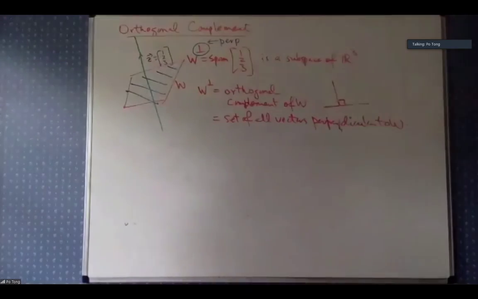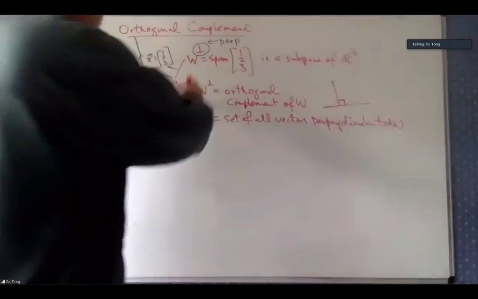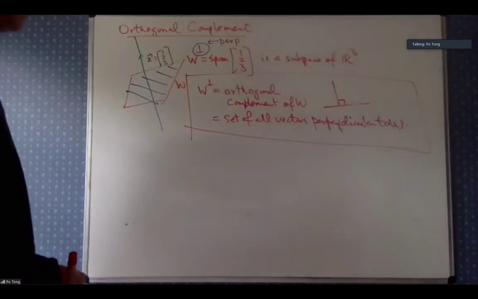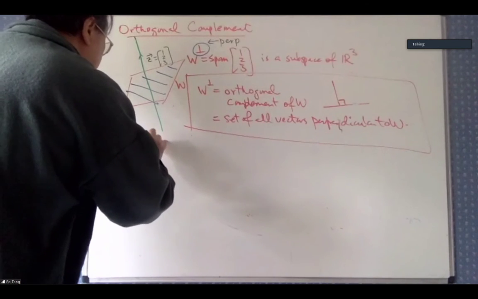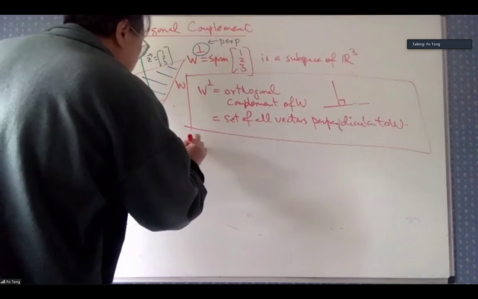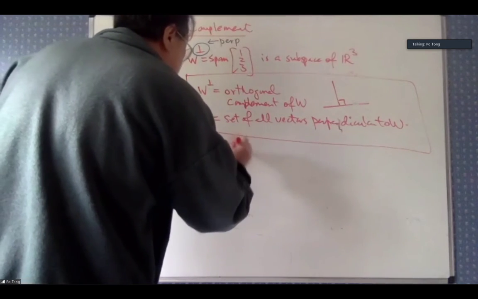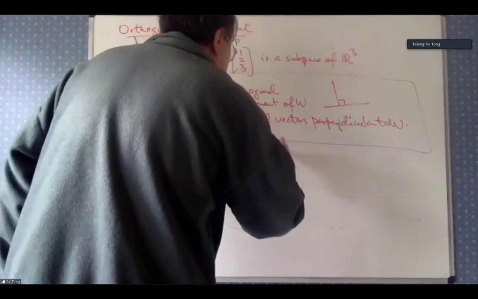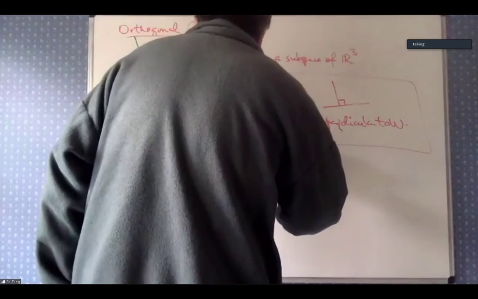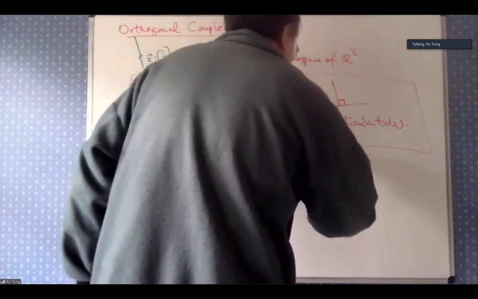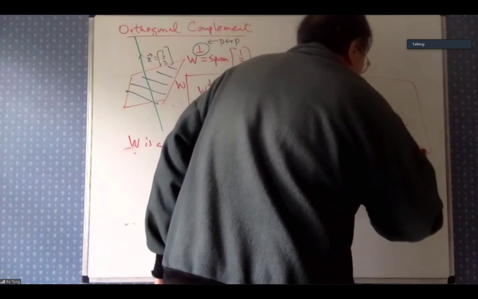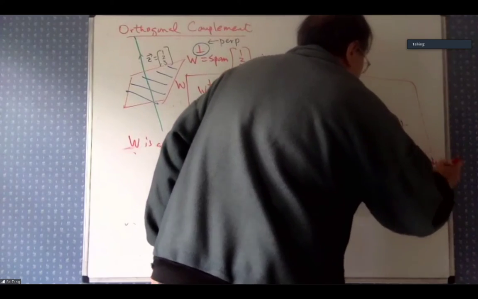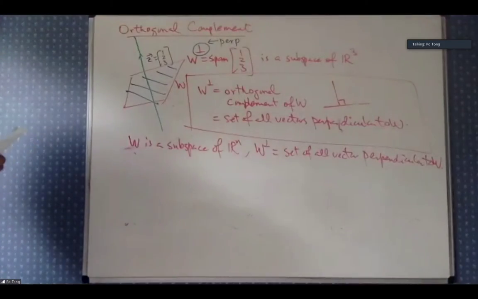So in general, this does not have to occur in R3. In general, W is a subspace of Rn, and W perp is the set of all vectors perpendicular to W. This can occur in Rn basically.